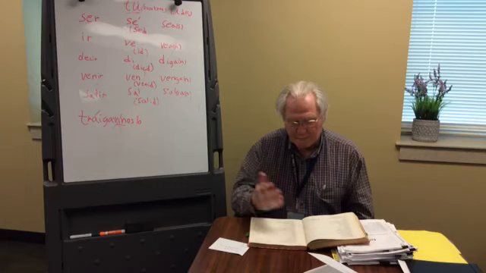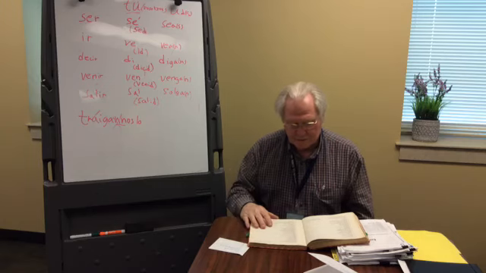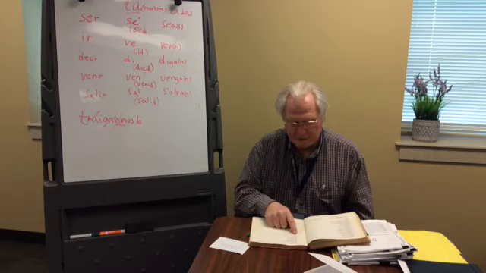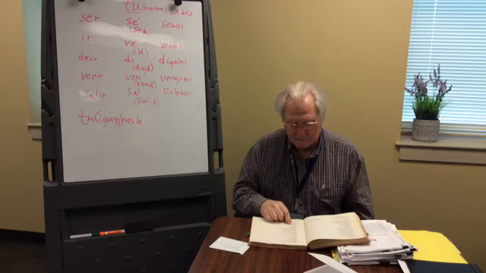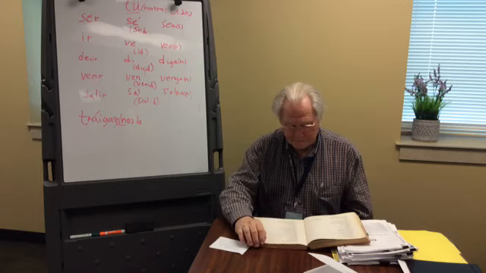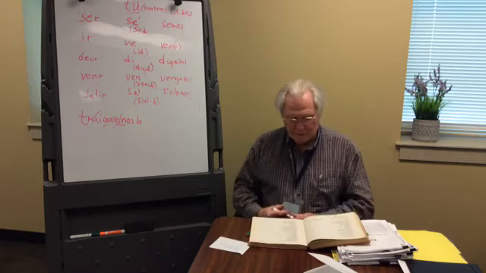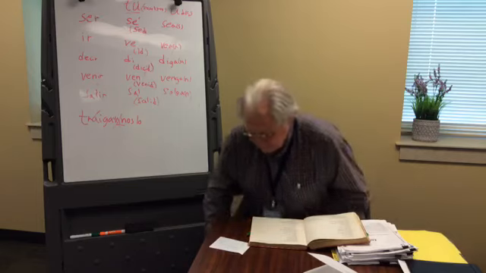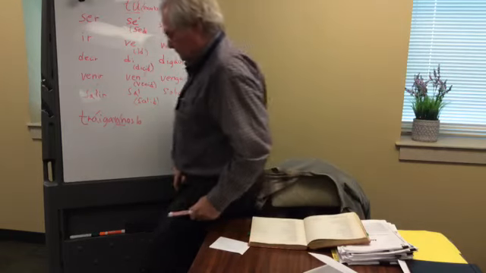So you use that PID root in the command form. And you're familiar with number 11, the indicative of I say is digo, so dígalo, and salgalo in number 12, and so forth and so on.